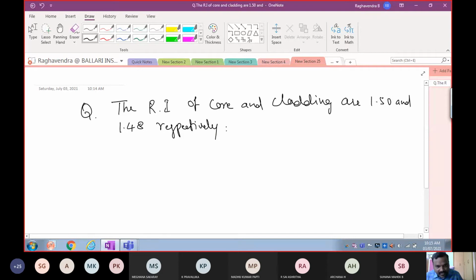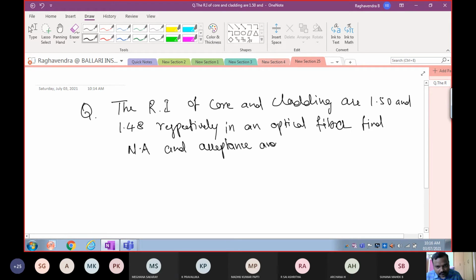In an optical fiber, find the numerical aperture and acceptance angle. Okay, do it.